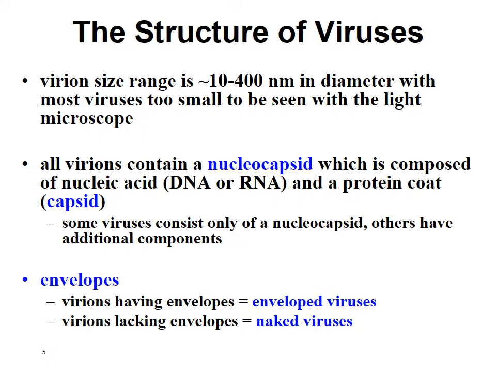Some viruses consist only of a nucleocapsid, others have an additional component, such as that external membrane called an envelope. Virions that are surrounded by envelopes are called enveloped viruses. Those that lack envelopes are simply referred to as naked viruses, as we saw on the previous slide.